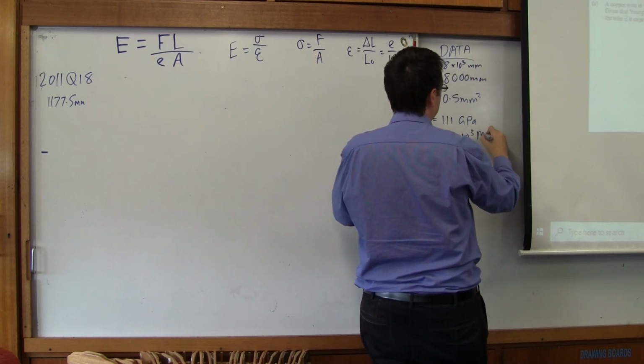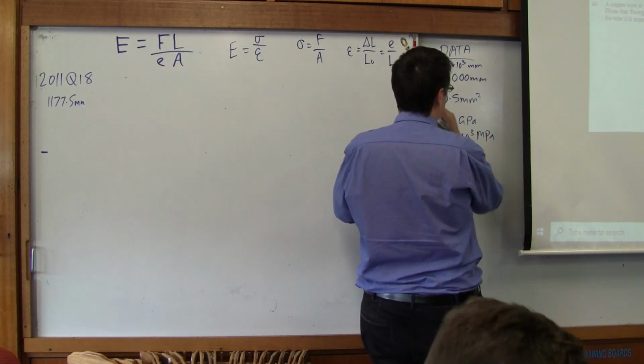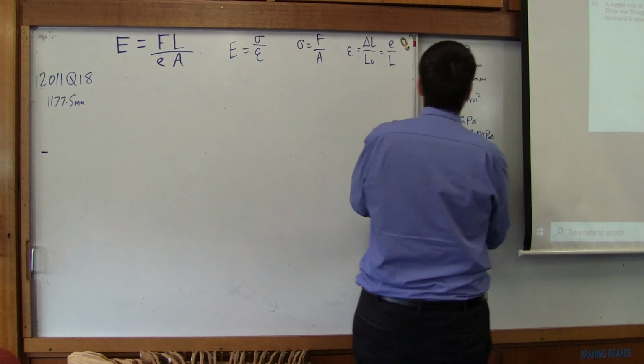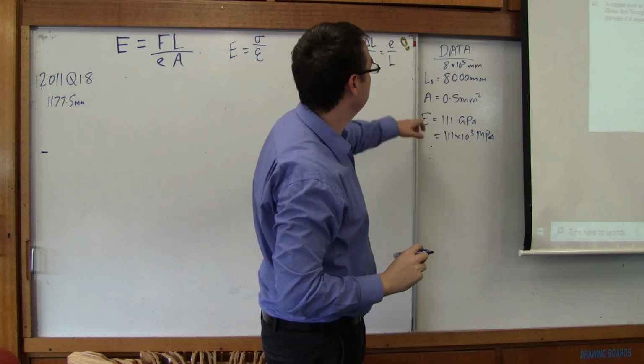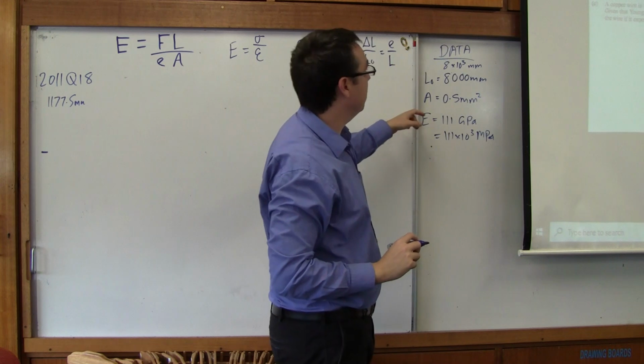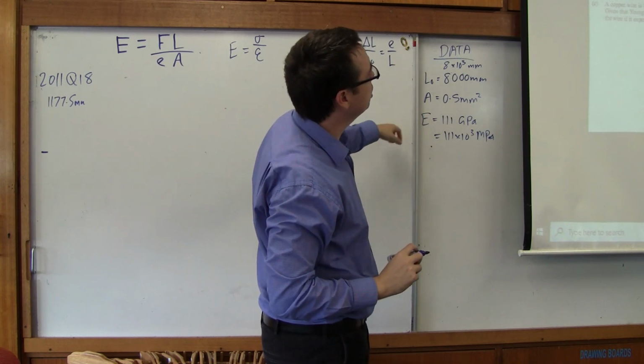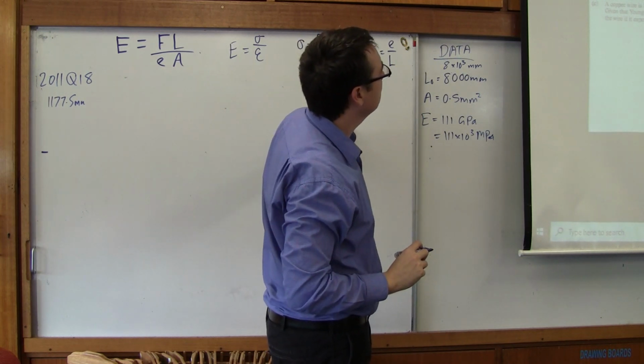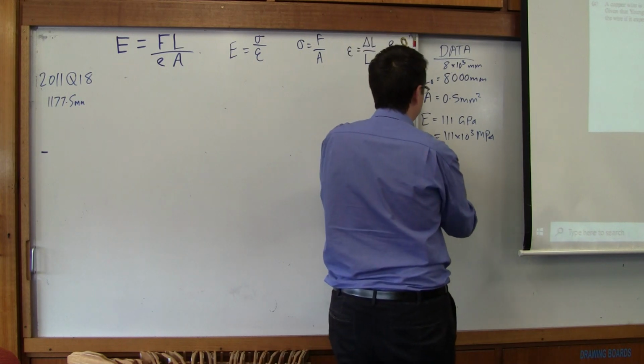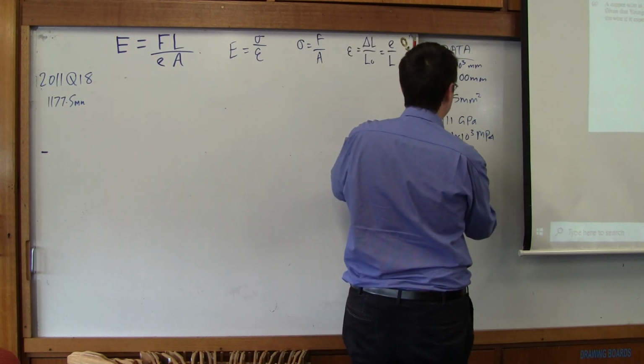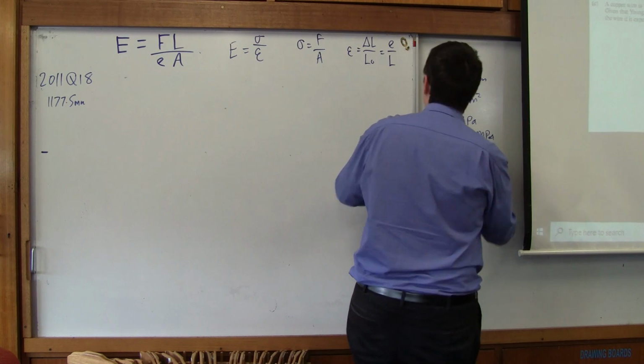Okay. So we're looking for, we have everything except, what have they told us, the extension? Oh, no, they've told us the force, F. F equals 300 newtons. Okay, so that's pretty easy.